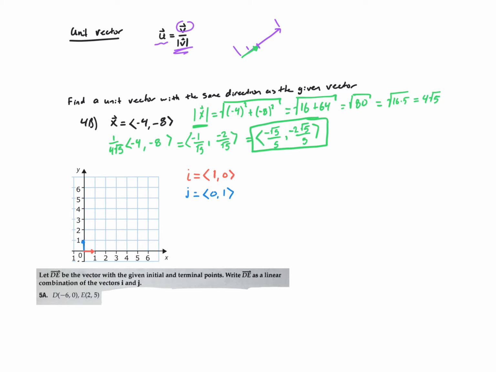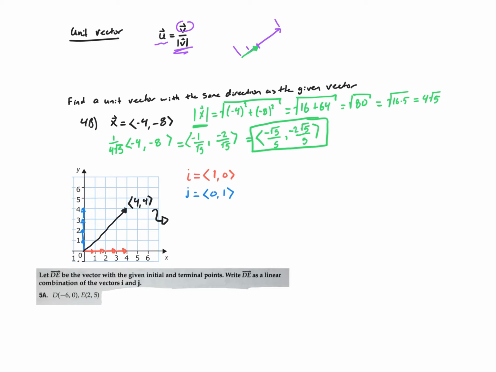So if you take any vector, let's say this one, notice it has the component of 4, 4. I could rewrite this as 4 red ones plus 4 blue ones.